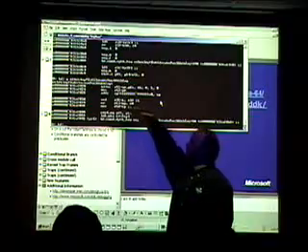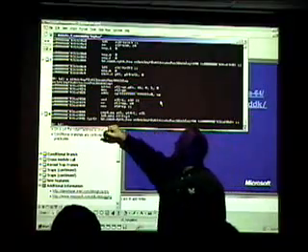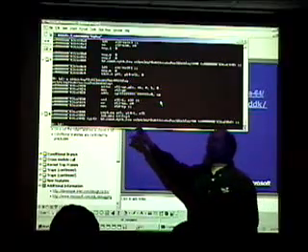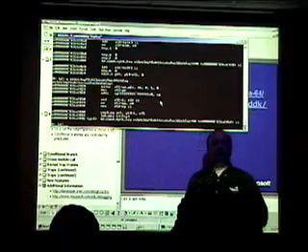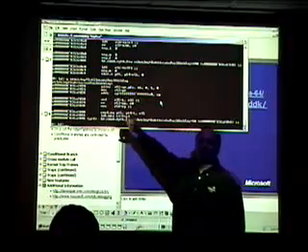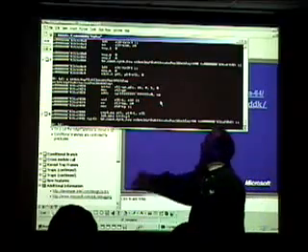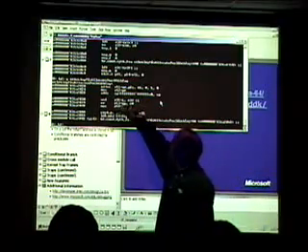So faults are delivered in order. The fact that these three instructions happen at the same time is irrelevant, because when you see the trap, it'll be the first one in program order that trapped. So when we set a breakpoint, we only would set a breakpoint here or here or here.